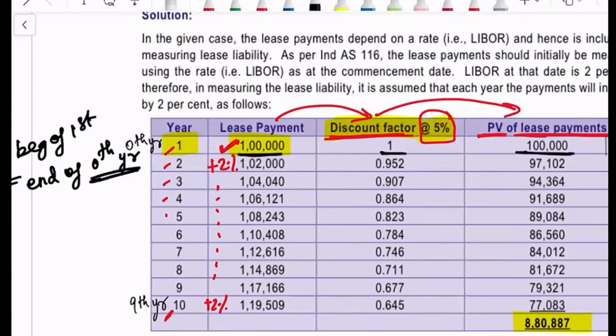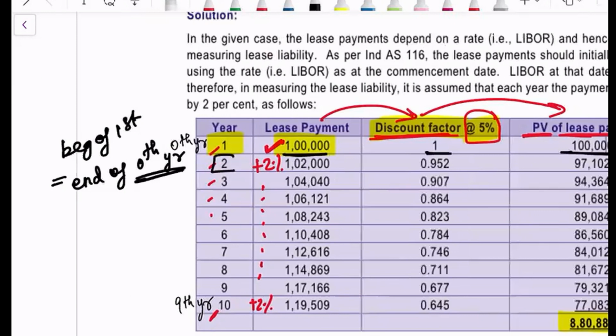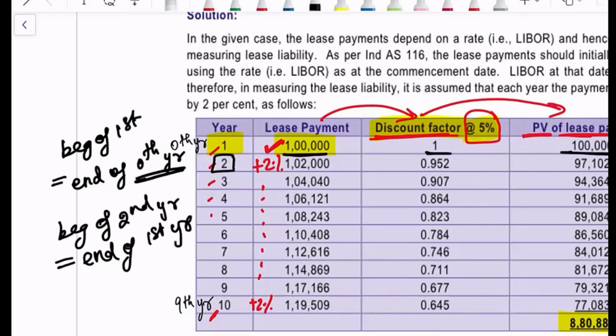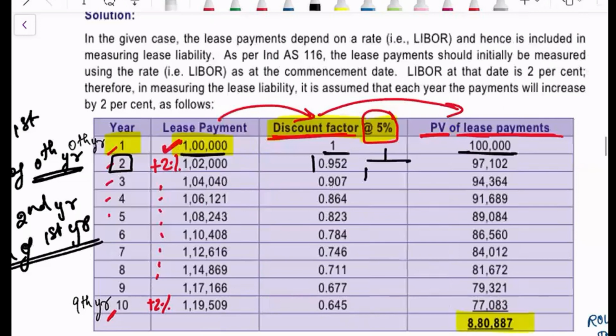Okay. So the next is year 2. This year you are making the payment at the beginning of the second year. Beginning of the second year is nothing but the end of the first year. Find out the discount rate at the end of the first year, which will be nothing but 1 divided by 1 plus 0.05, which is 0.952.